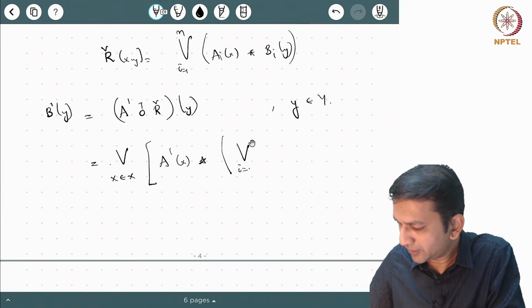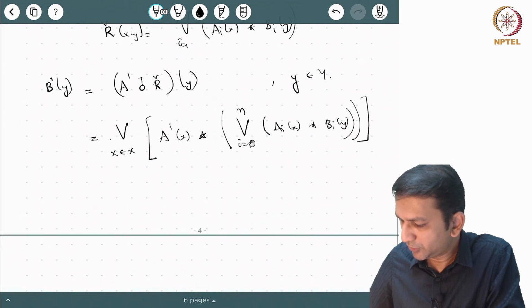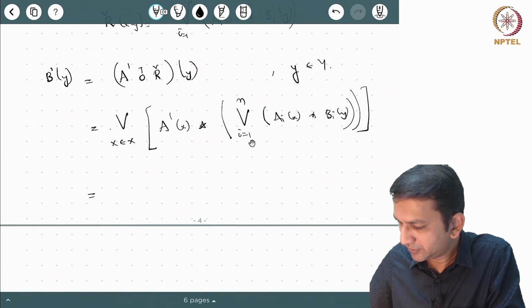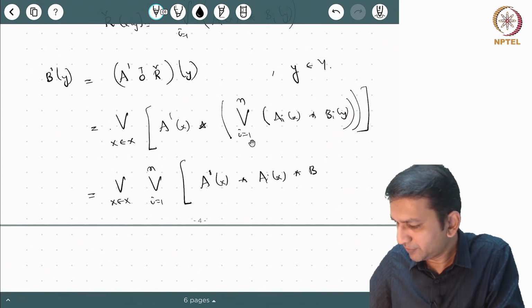So for i equal to R_i of x, y, which is in this case A_i of x star B_i of y, once again, we pull out the disjunction over the rules. And what we have is A dash of x star A_i of x star B_i of y.